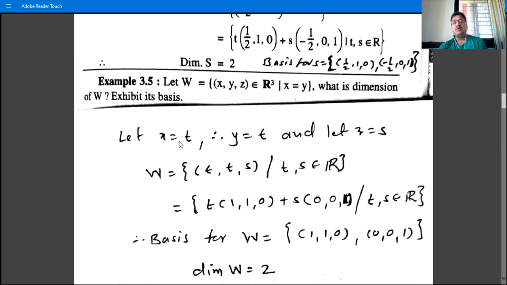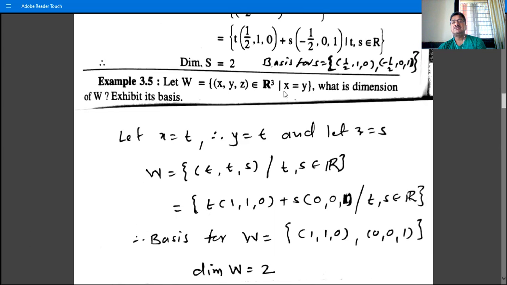So if you assume x is t, then don't assume y as s, because x and y are related to each other. If you assume x is t, then y is also t, or if you assume y is t, then x is t, and z is a free variable. So suppose z is s.